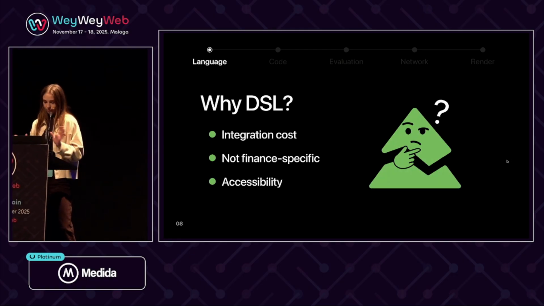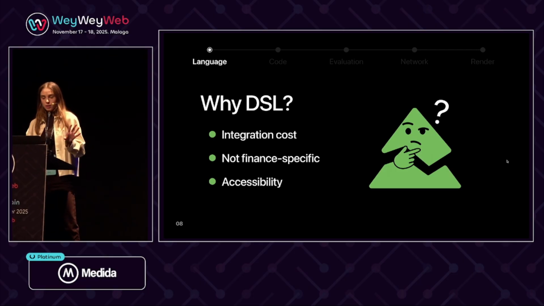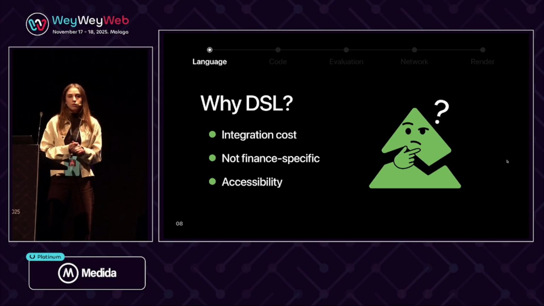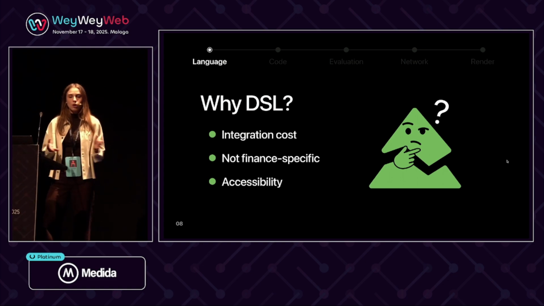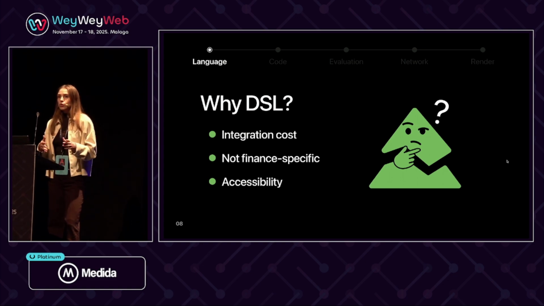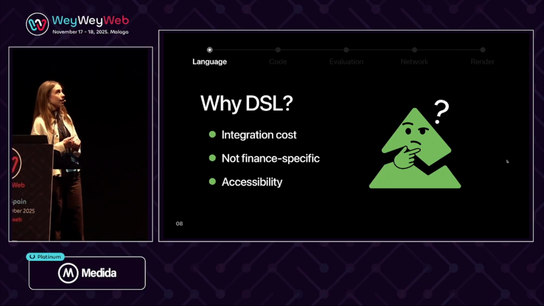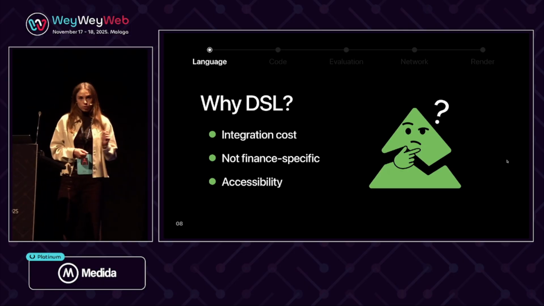So, okay, we understand that we need a domain-specific language. And now you can ask me a reasonable question. Why not just use an existing language? Why not let the users write their ideas in Python or Java? And here are the big downsides. The first one is integration cost.